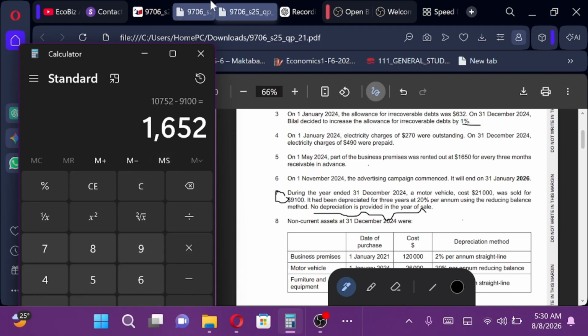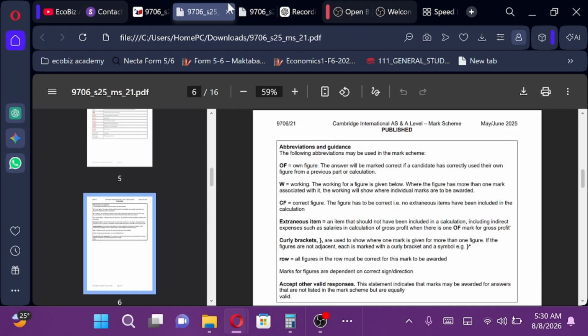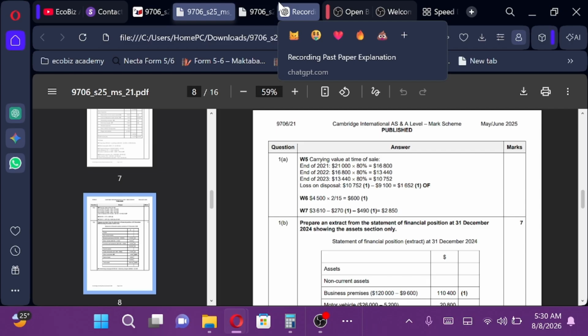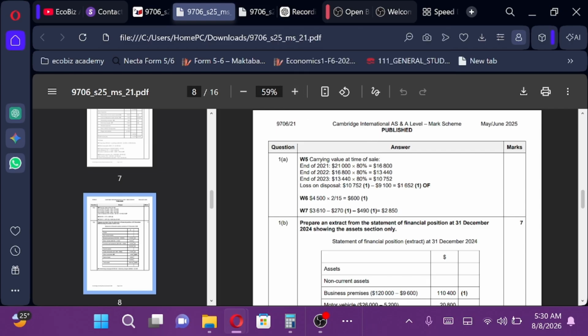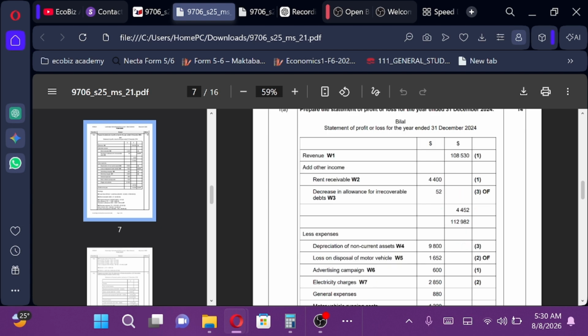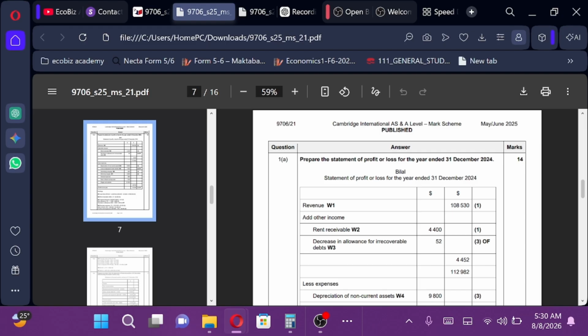We get 1,652. Yes, this one here. So that is our amount for the loss on disposal of motor vehicle.